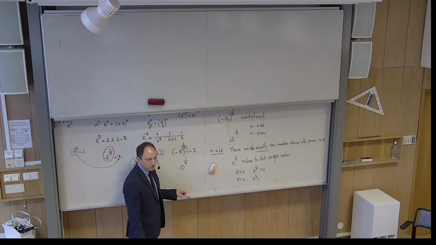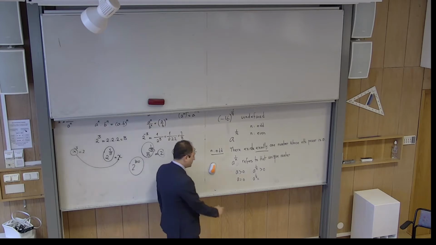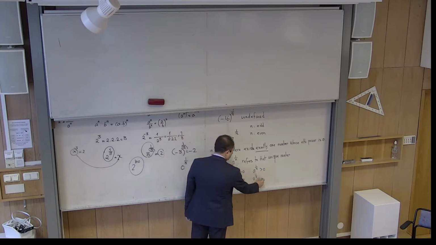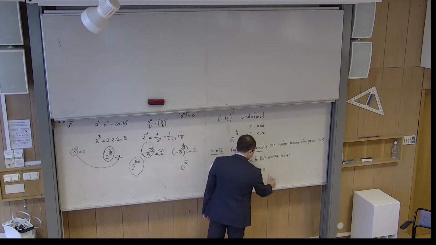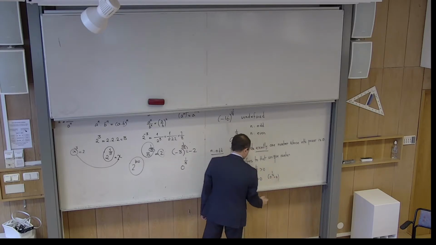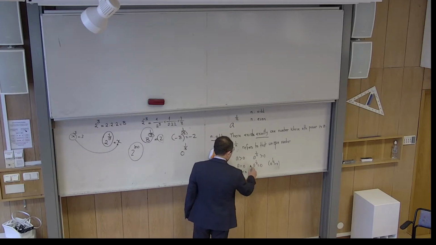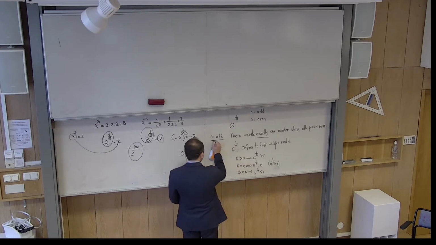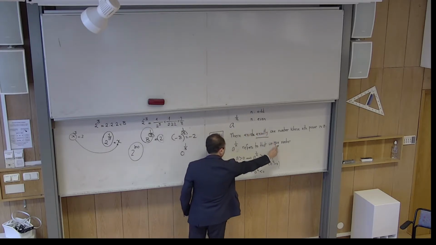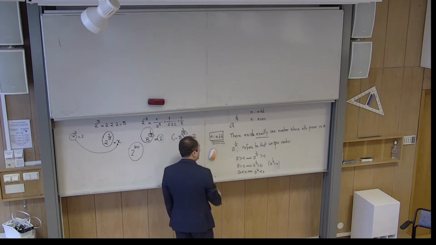What is that number? It is still 0. So in principle, 0 to the power 1 over n is always 0. And if a is negative, then a to the power of 1 over n is still negative. Be careful: what I have written here is only for the case that n is odd.